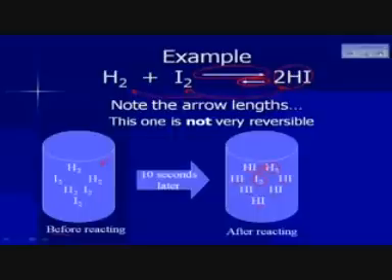Okay? So the concept of reversible reactions means that we'll never completely get 100% of our reactants converted into products in a reversible reaction. What you'll end up with as your product over here is a mixture of reactants and products.